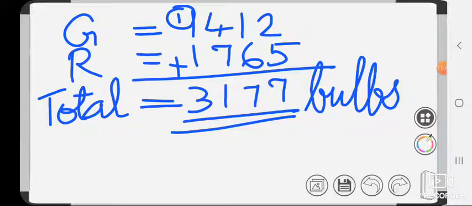So I think all of you understood this. If there is doubt, you can ask me. Next question, I'm leaving question number 7 and 8. Question number 9 from the textbook, page number 72, exercise 7.1.